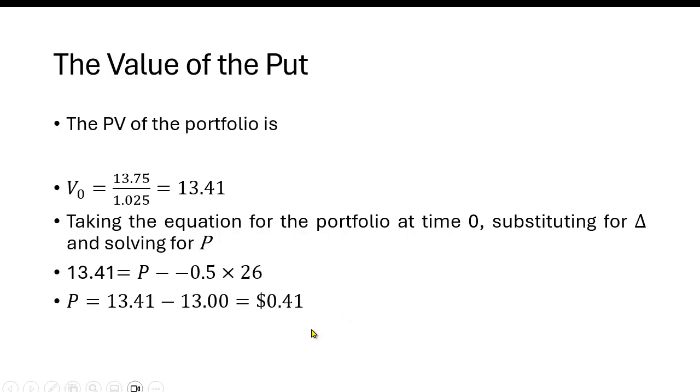If you solve for the value of the call, you could find the value of the put using put-call parity and get it at 41 cents. Okay, but here you can solve it directly. So I hope this was helpful and it gives you a better understanding of how to value an option using this concept of arbitrage and creating a riskless portfolio, which would have to earn the riskless rate of return.